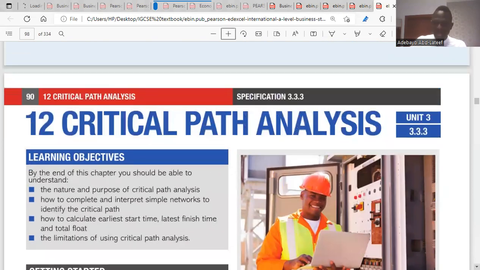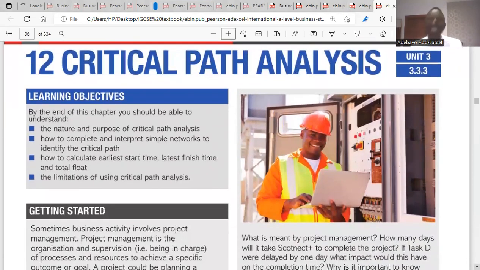So these tasks have to be performed before the project can be completed. The critical path explains those tasks that have to be performed to complete the project. If not done, the project might be delayed. That is the critical path.